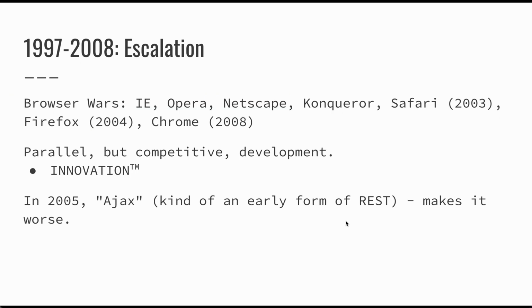After 96, there were more and more browsers coming out, and again, each one of them was doing things slightly differently. Over the next couple of years, you had new implementations and new ways to approach JavaScript, HTML, and CSS. One of these browsers would implement something like a blink tag, and then the other browsers would say, well, that's something we should have. So they'd implement it, but they might not implement it in the exact same way.